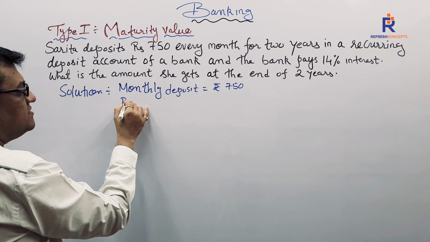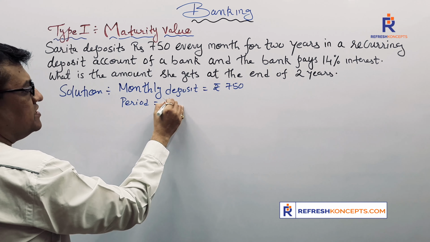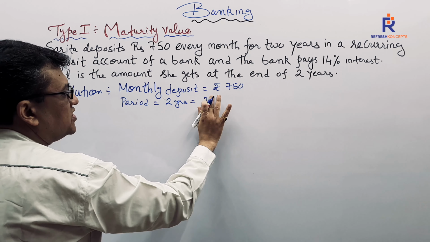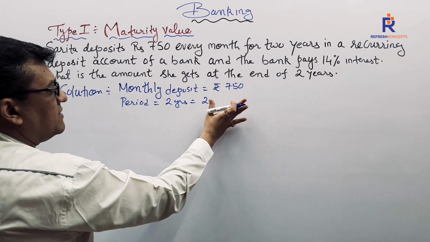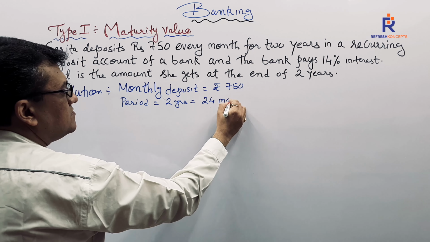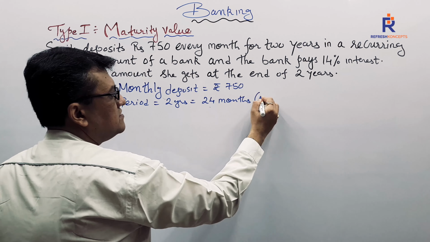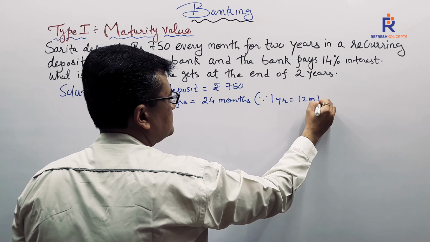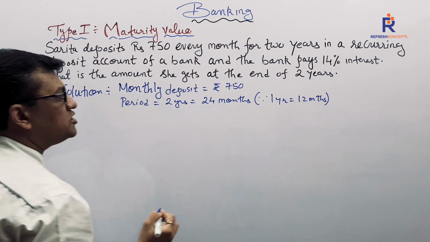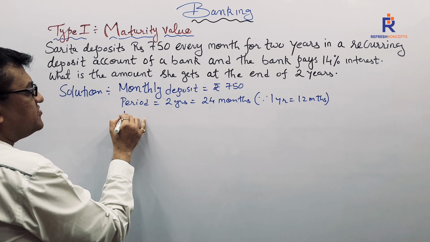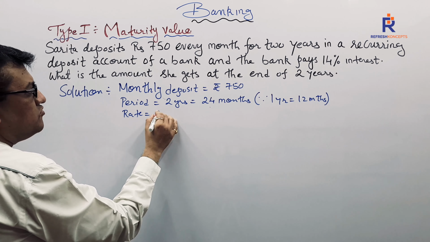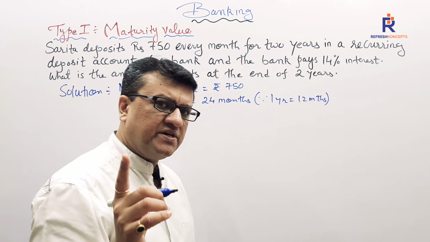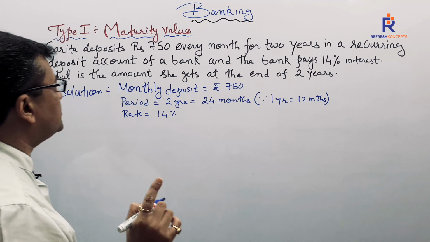The period given is 2 years, which we will write down as 24 months, since 1 year has 12 months. What is the rate of interest? The rate of interest is 14% per annum. If they are not giving anything, it is per annum.